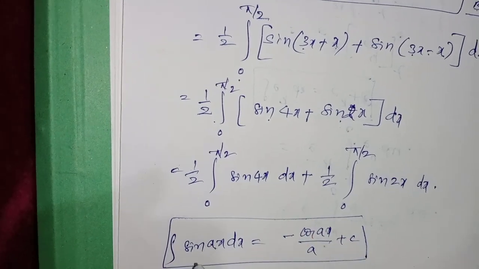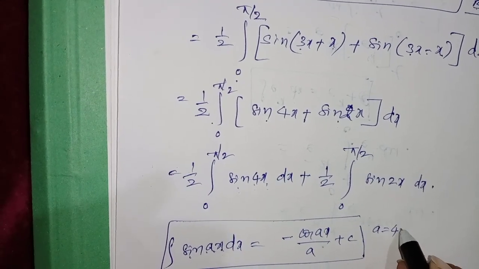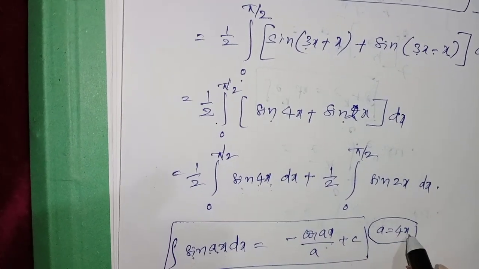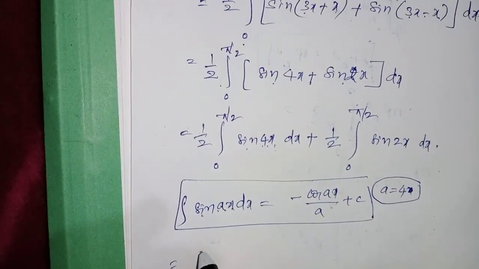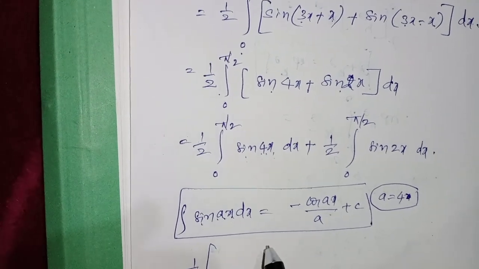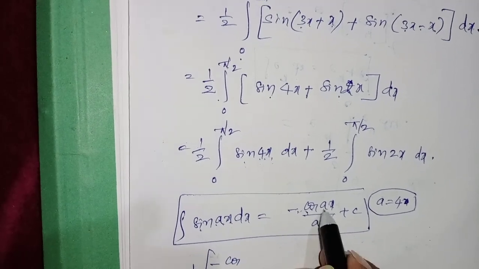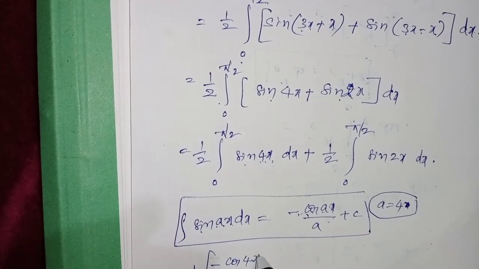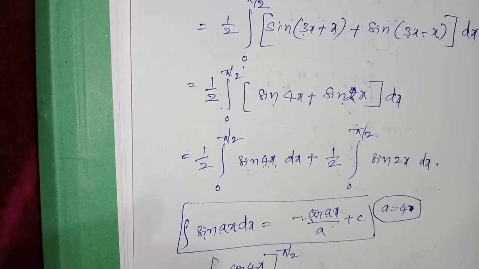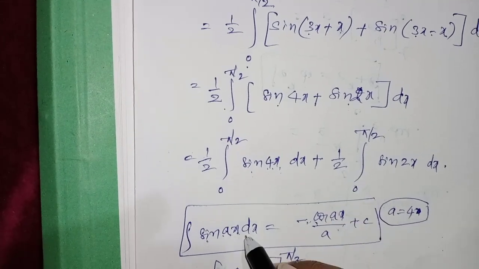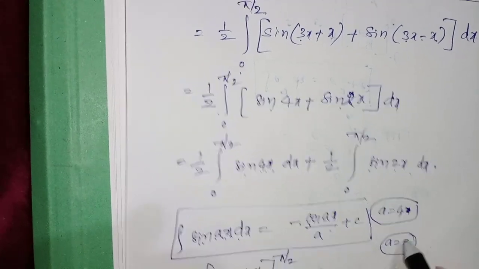Comparing, in sine 4x, a is equal to 4. Substitute in the formula: 1 by 2 into minus cos 4x by 4, limits 0 to pi by 2, plus here also the same formula, but here it is sine 2x, so a is equal to 2.